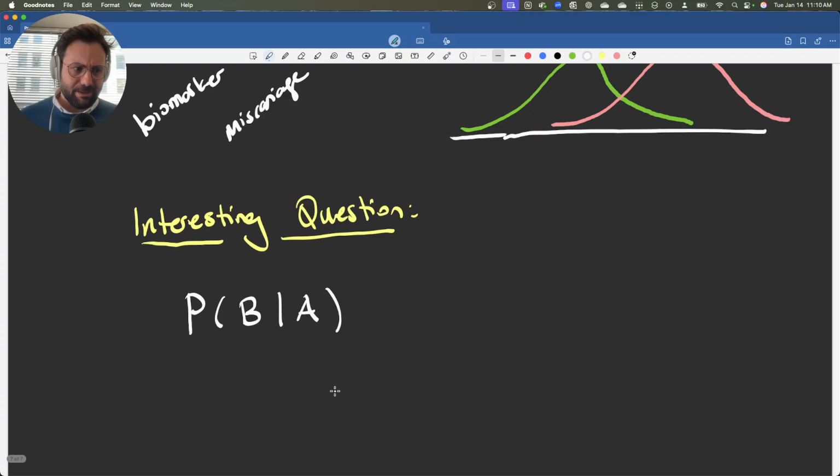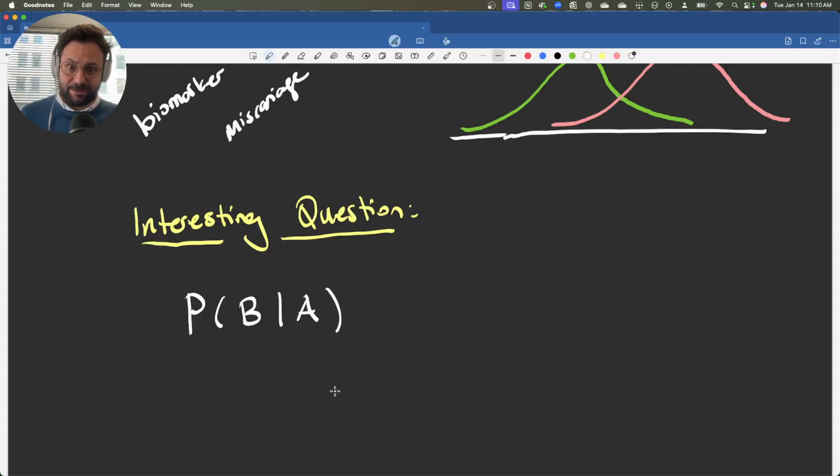But obviously, giving a probability for any value of the biomarker that we measure, at least building it using the frequentist approach, is not possible.